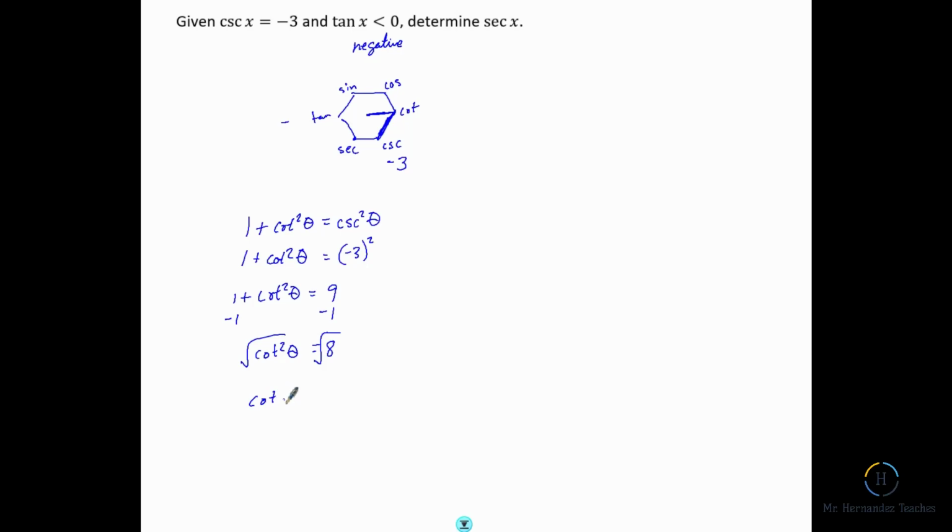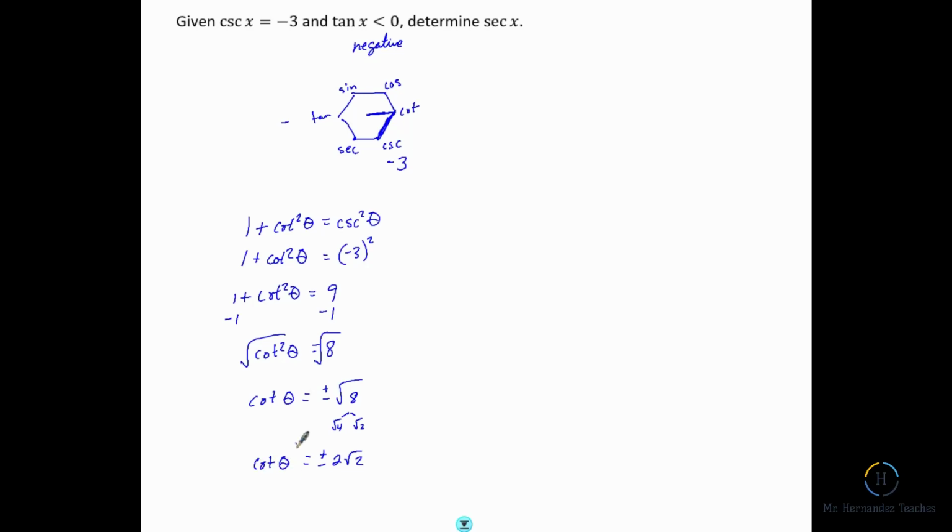So cotangent of theta is equal to the positive or negative, and we'll figure out which one in a second, square root of 8. The square root of 8 can be split up into the square root of 4 and the square root of 2, and the square root of 4 is 2, and then we still have the square root of 2. So cotangent of theta is plus or minus 2 square root of 2.